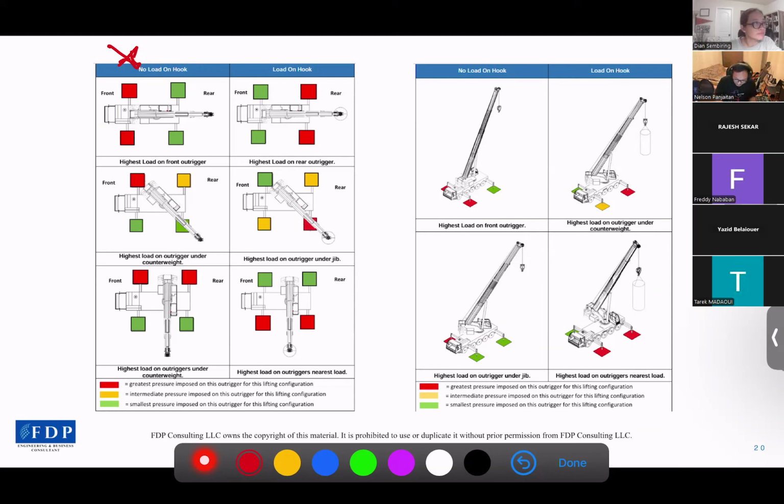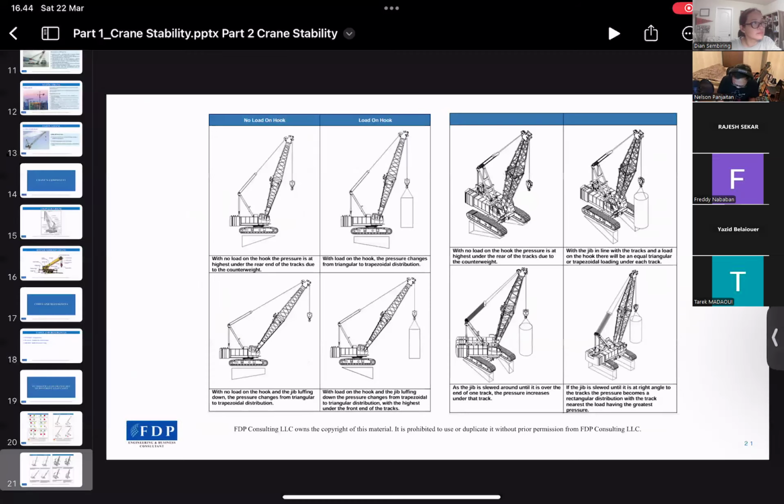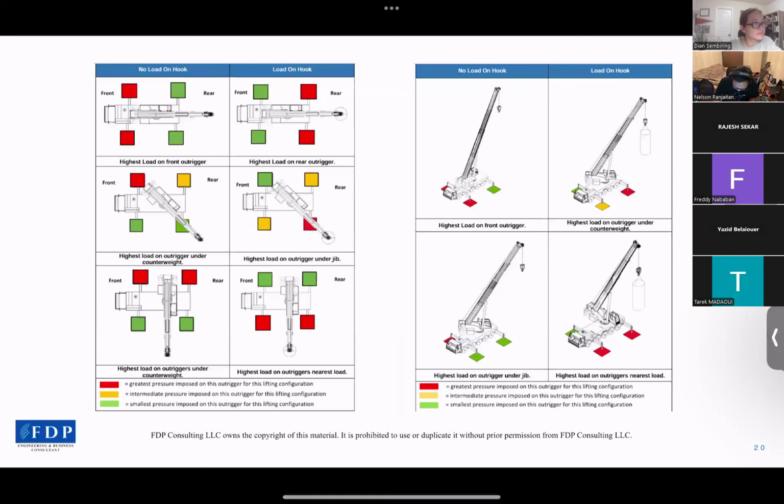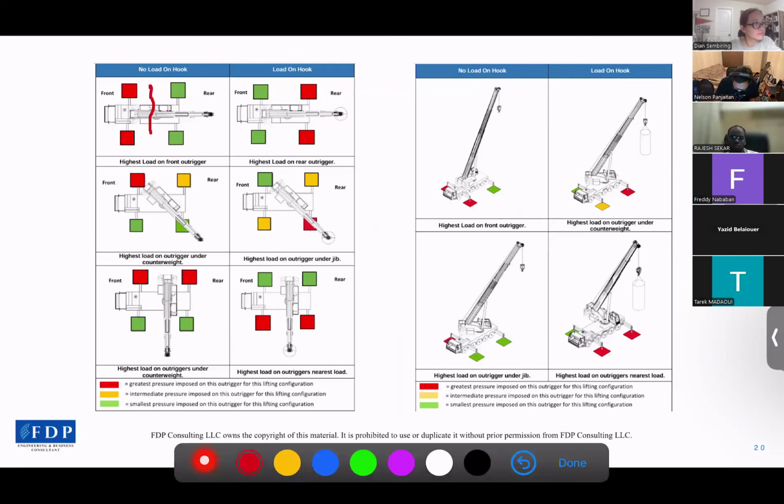So if this is the slew ring, the center of the slew ring is the center where the boom will be rotated. So if the center of the slew ring is here, then the counterweight is here, and the hook is here.